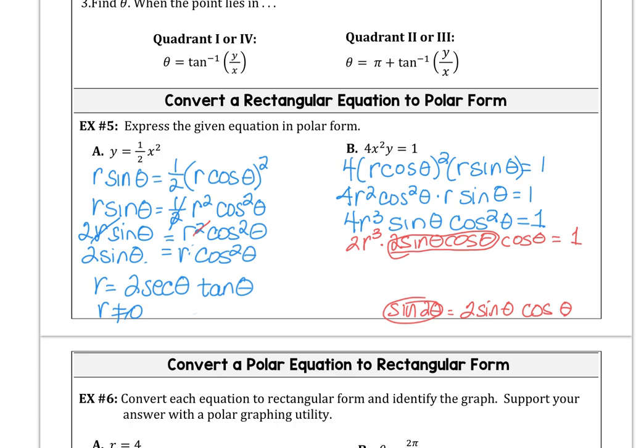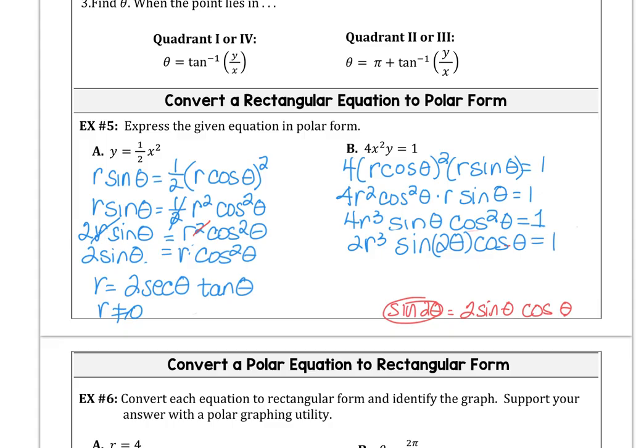I'm going to rewrite that so we can have 2r cubed sine 2 theta cosine theta. Okay, so we got 2r cubed sine of 2 theta times cosine of theta equals 1.